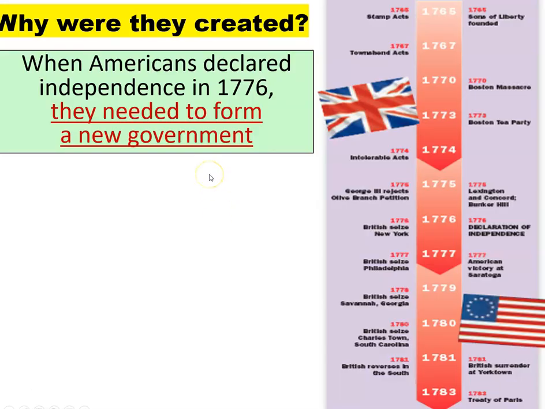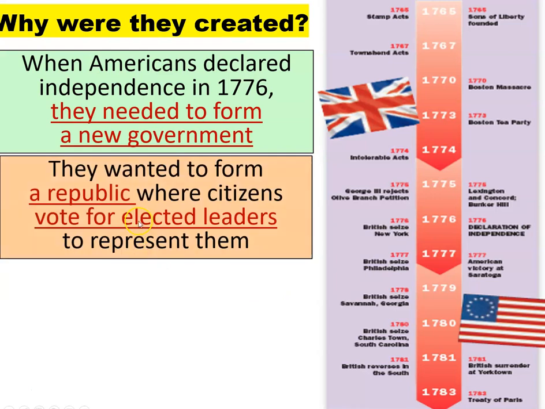Okay, so first of all, let's talk about what this is and why it was created. The Articles of Confederation were created, like I said, in 1776 because the Americans, after they declared independence, knew that they needed to form some kind of government. They wanted to create a republic where they vote for elected leaders, influenced by Rome and Parliament in Great Britain.